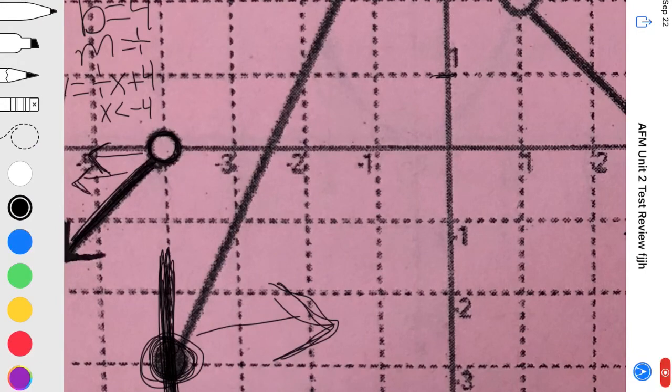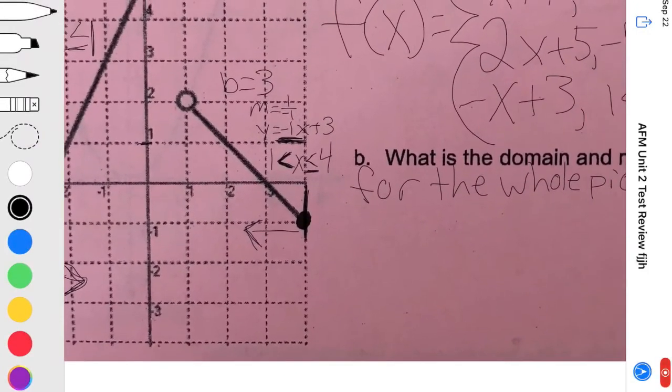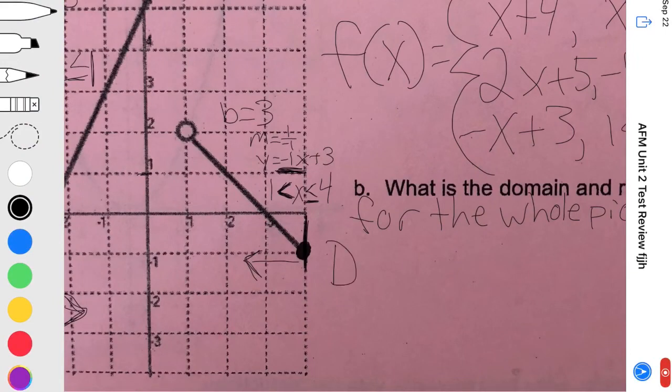So this is going to keep going forever. So our smallest x value is negative infinity. And then we're going to come all the way over here where our third step is. And our biggest x value is going to be found at that 4. X is 4. And because it's a closed circle, we're going to include it.